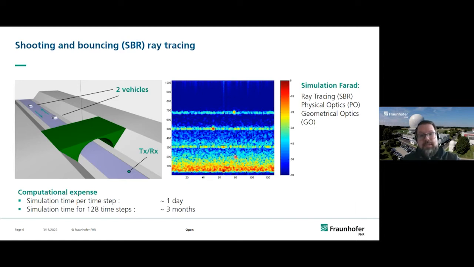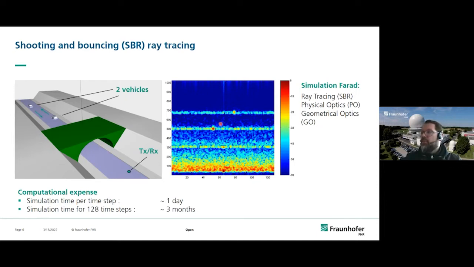And the problem is that these artifacts are actually not from the environment itself. These are artifacts from the simulation. This has to do with the properties of the shooting and bouncing ray tracing technique, which is based on stochastic processes. So that's something which can only be avoided by using more computational power and more computational time.